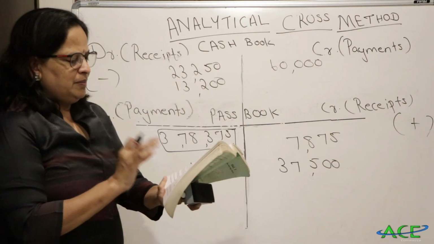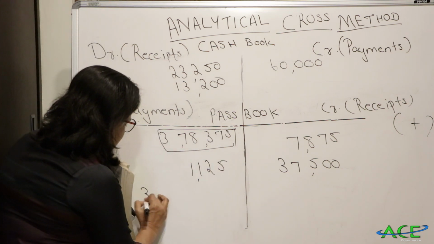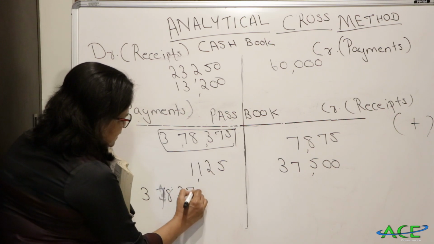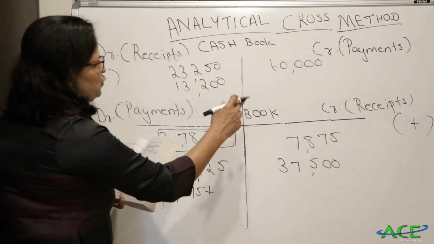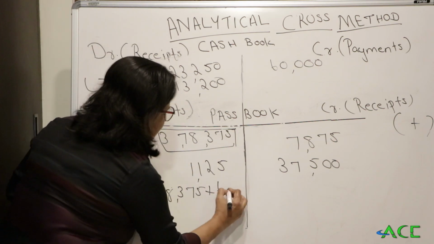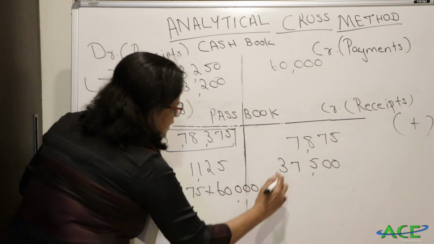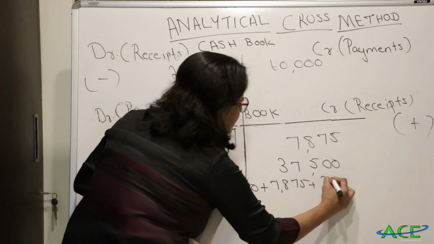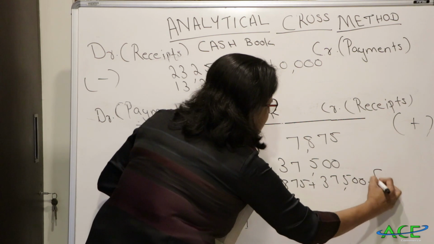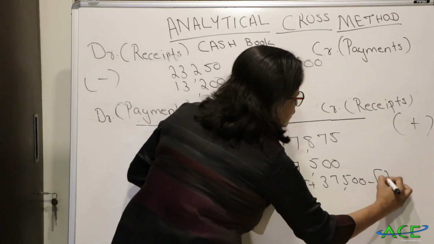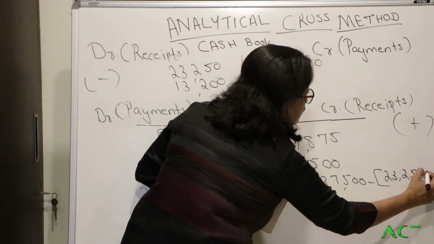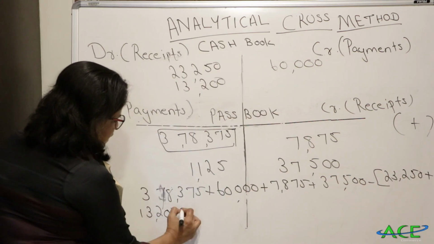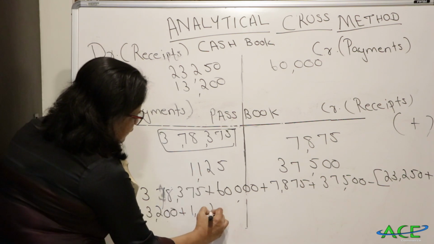Here you have to remember how we are going to do that. 3,78,375 plus 60,000, 7,875 plus 37,500, minus these values, 23,250, 23,250 plus 13,200 plus 1,125.